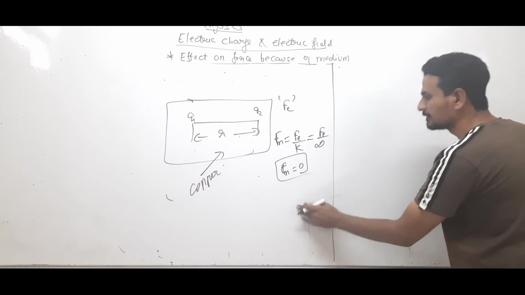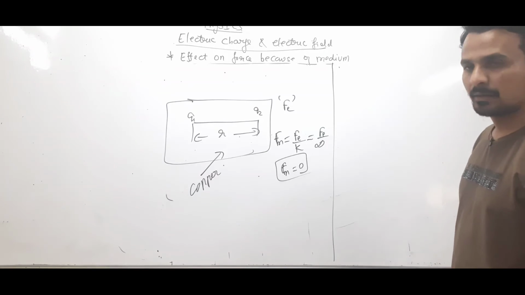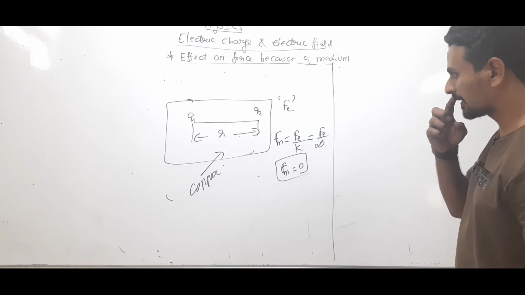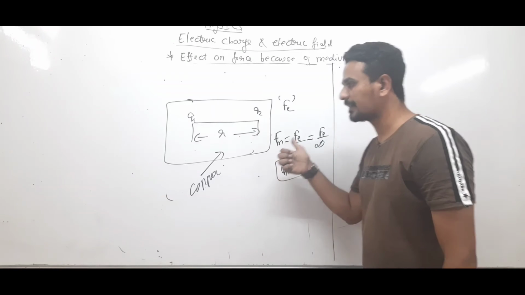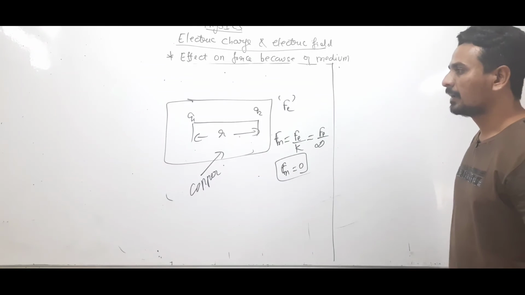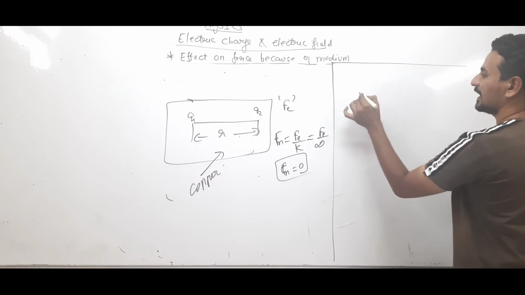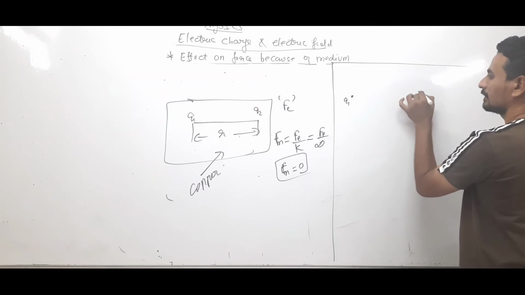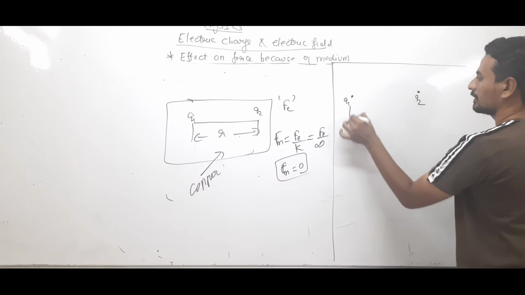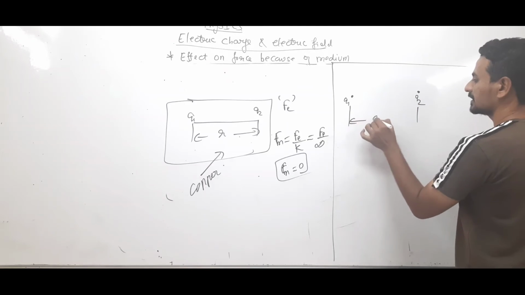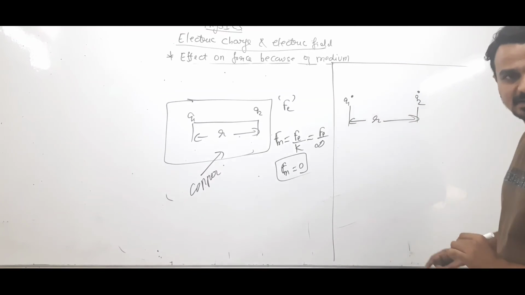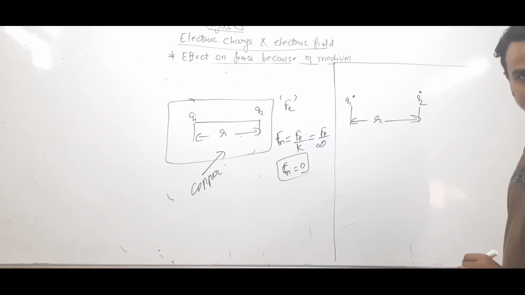See, one point. I am giving you one more formula. You should not be confused between this formula and the formula which I am giving you now. Between two charges, let R be the separation between two charges.